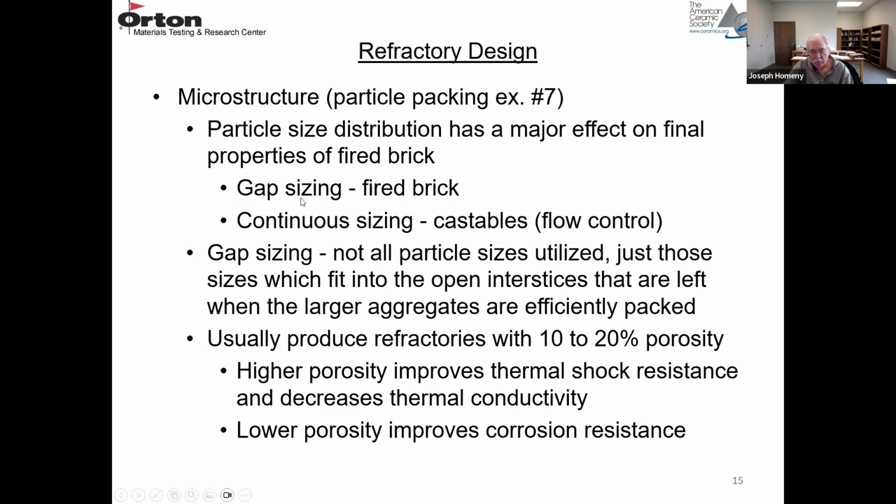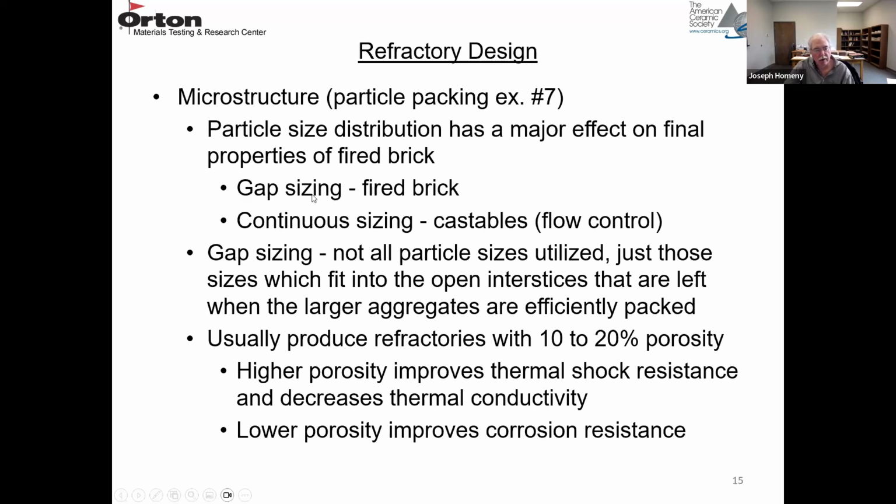And I think this may be the last example I have for microstructure control, but it has to do with particle packing. So the particle size distribution has a large effect on the final properties of a fired brick or even a refractory castable or monolithic.